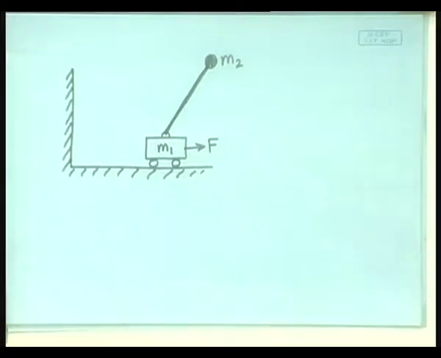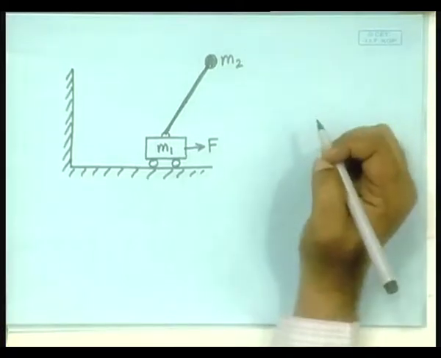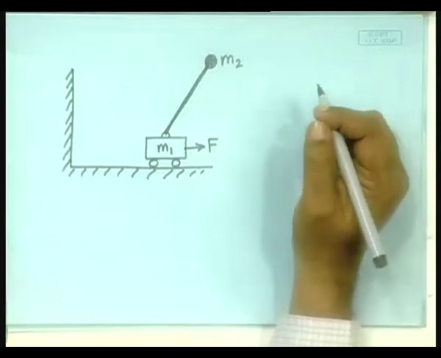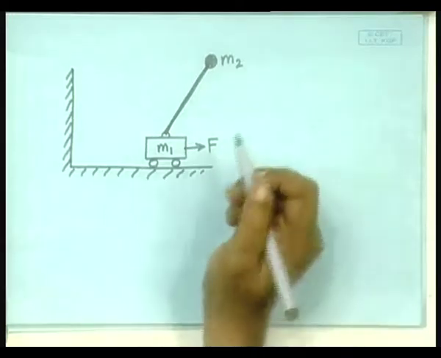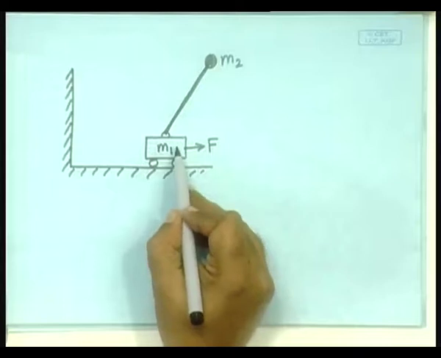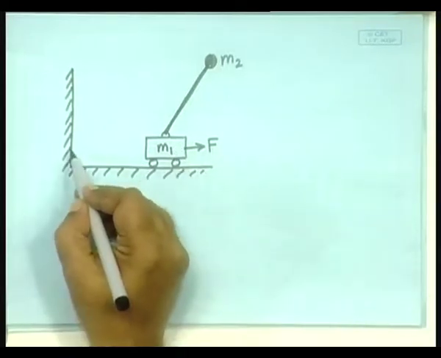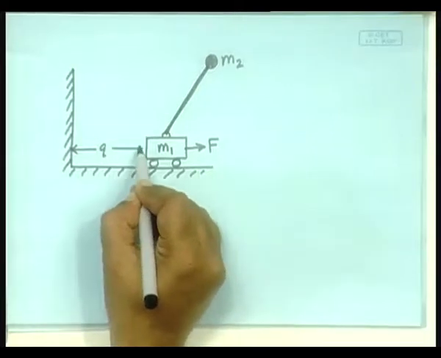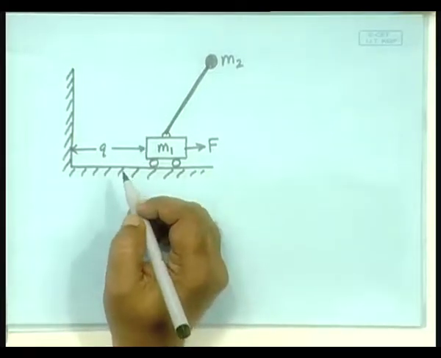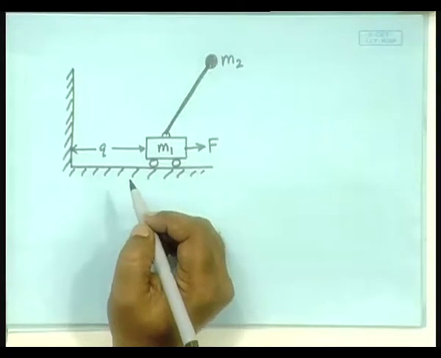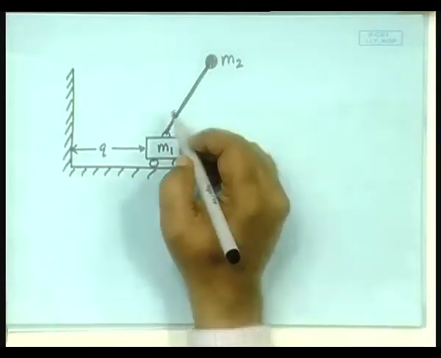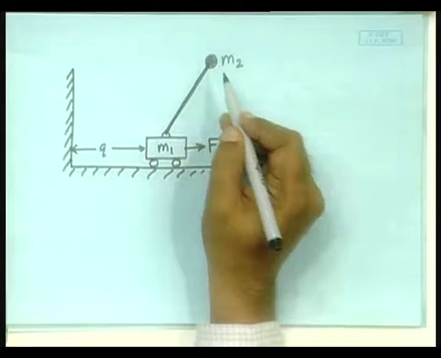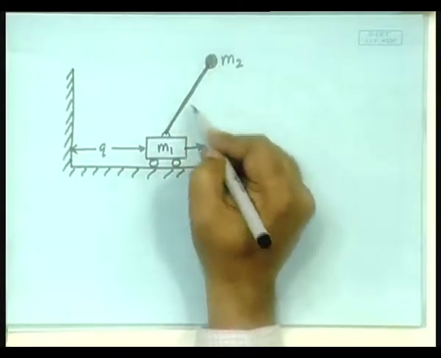Okay. Well, in this case, how would you define the generalized coordinates? There are two generalized coordinates. One, position of this fellow, which can be measured simply from the wall. And this fellow's position can be measured in terms of the angle.